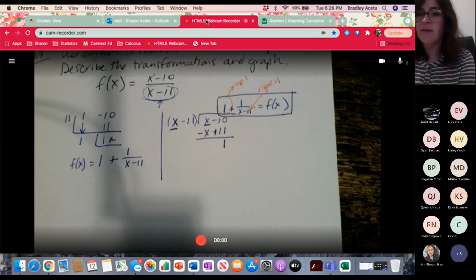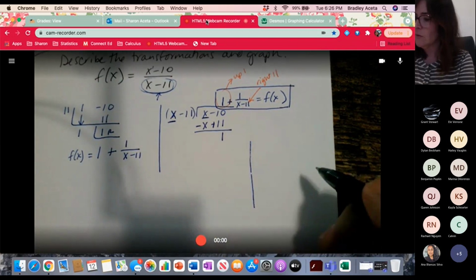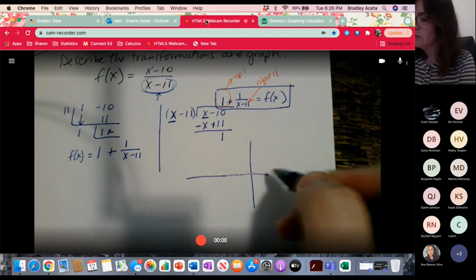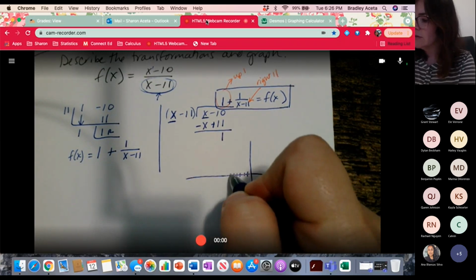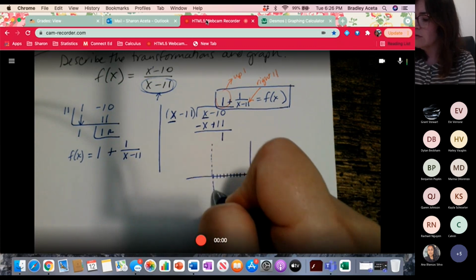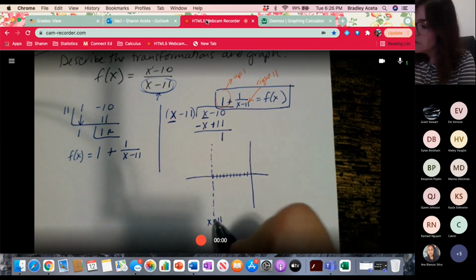So when I go to graph this, where am I going? Right 11. Wow. So 1, 2, 3, 4, 5, 6, 7, 8, 9, 10, 11. Make your little asymptote there. There's your vertical asymptote at x equals 11. Negative 11, sorry. Oops.